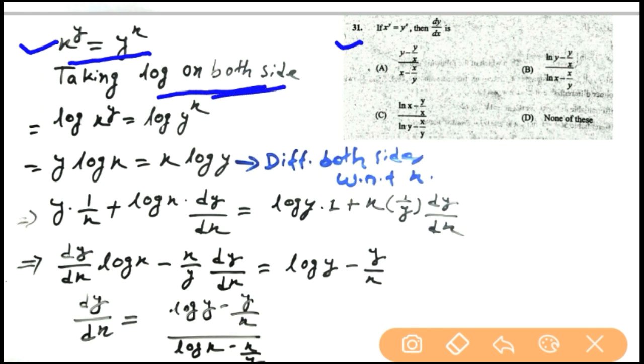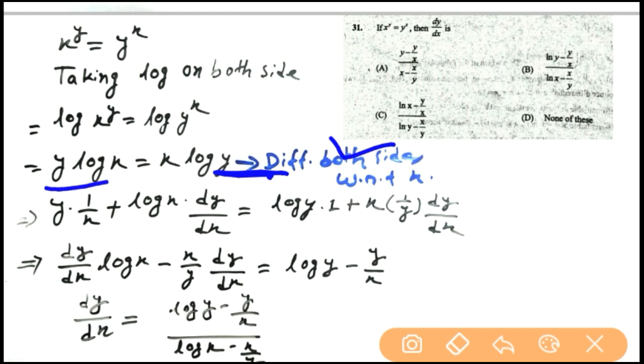So log of x to the power y equal to log of y to the power x. So this will become y into log x equal to x into log y. Now we'll differentiate both sides with respect to x.